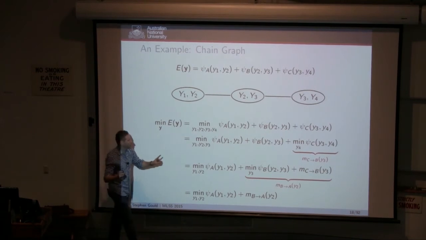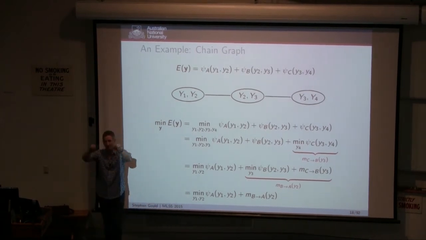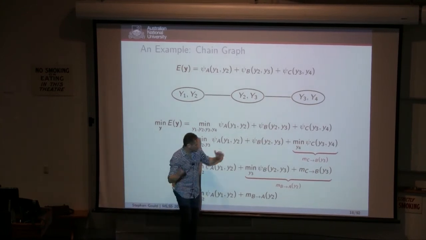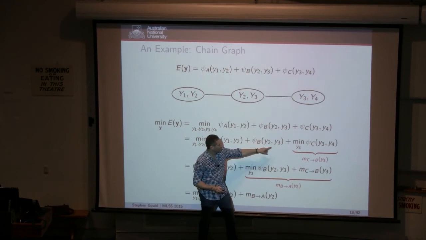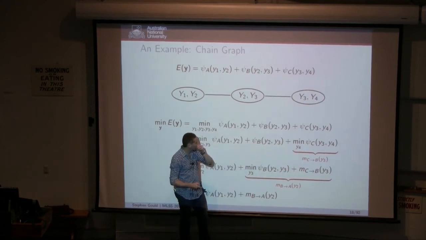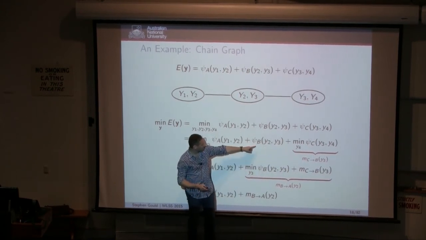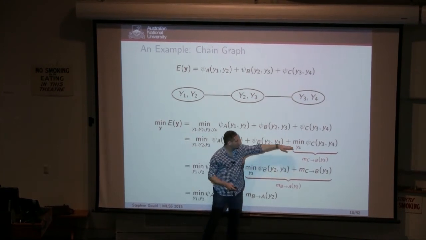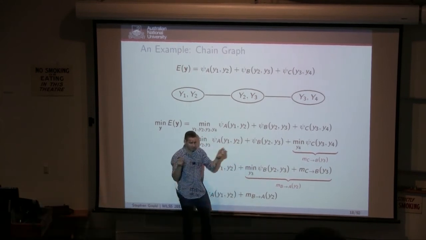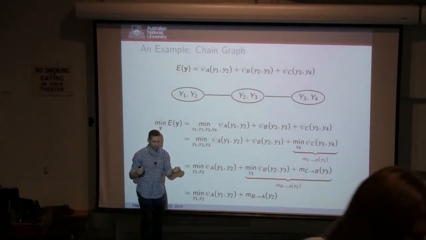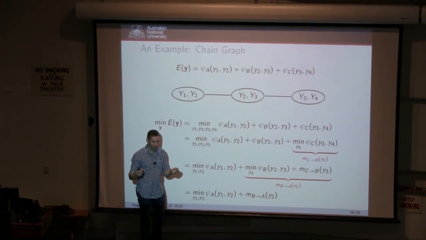Okay, so the question, as I understand it, is: Y3 appears in two different cliques, or in two different factors. And the question is, if I minimize over one of the factors and minimize over the other factor, does that guarantee that I get the same Y3 in the minimization?